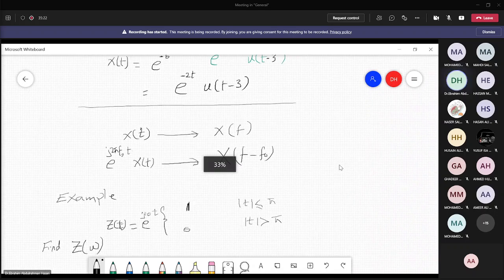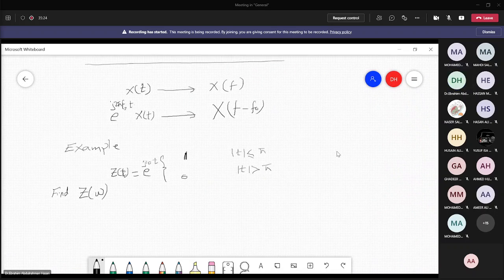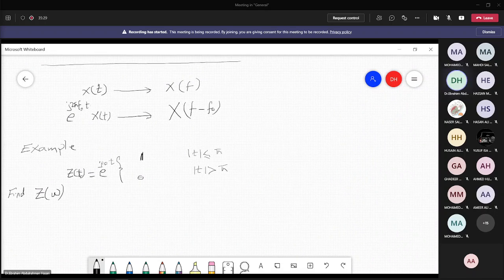And this is exactly the same as e to the power of j omega naught t times x of t, then I will get x of omega minus omega naught.